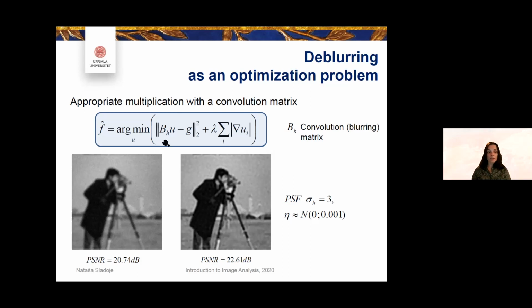So as long as our degradation can be modeled by convolution, and that we can derive a corresponding matrix to multiply with, we will use that in this forward model. So when taking an image, our initial guess for the right image, we are pushing it through the forward model.